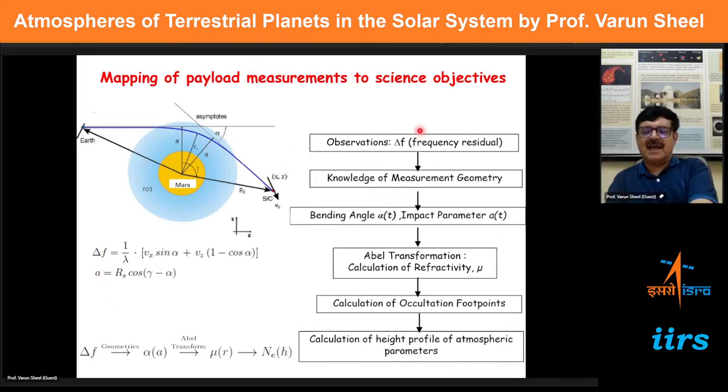This phase shift has a series of physical and mathematical formulations. You construct that, and finally you would get the height profile of various atmospheric parameters like the pressure, the temperature, and the density. And this experiment has been flown on various missions before.